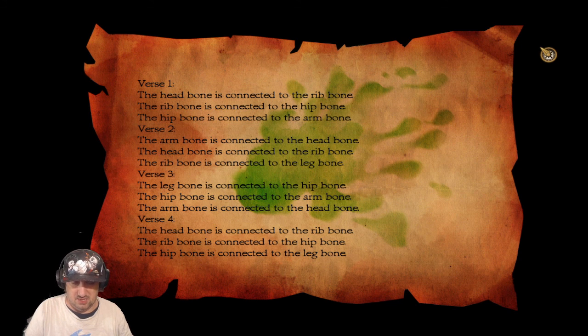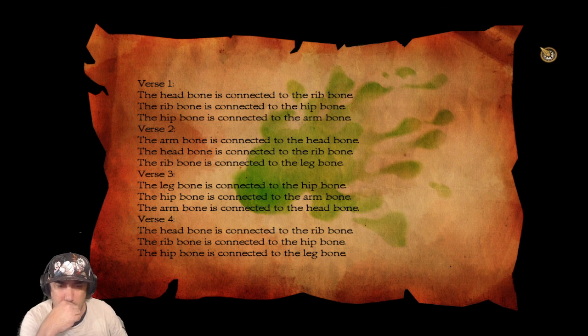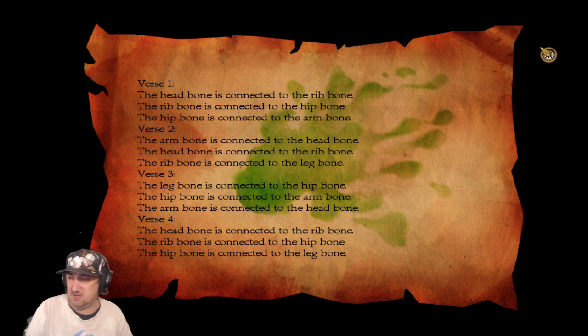And then hip bone's connected to the leg bone. Hold on. Go line by line, do what the first one says, take the next line. Let's see. Head bone connected to the rib bone connected to the hip bone connected to the leg bone. That was all, so 4 is correct then.